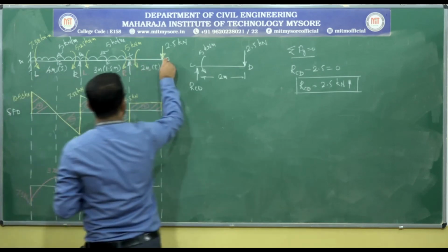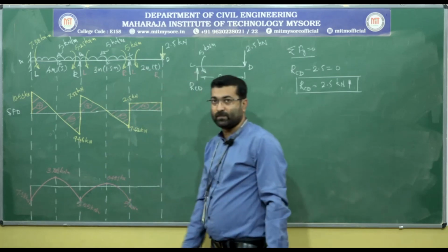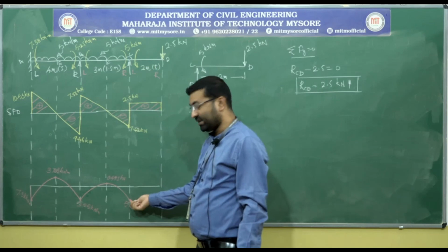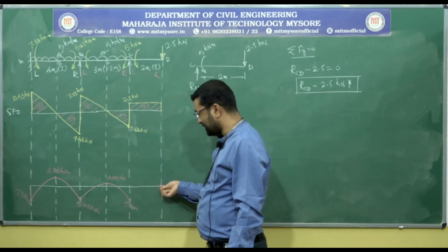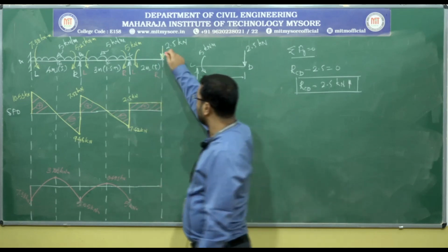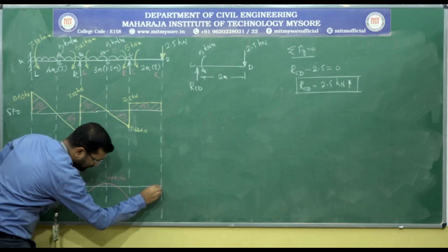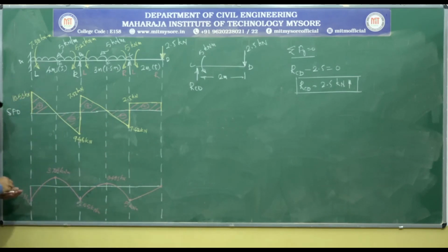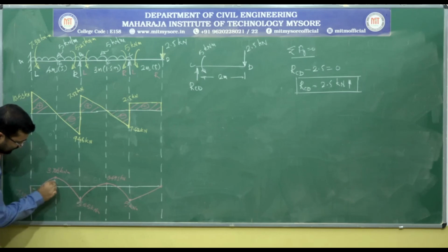Now for the CD span, C is on the left side and D is on the right side. On the left side we have an anticlockwise moment, so left side anticlockwise is negative. On the right side we don't have any moment, so I am going to mark it at the 0 location. Because of this concentrated load, the variation in the bending moment diagram will be linear. Now the portion below the datum line is negative, above it is positive.